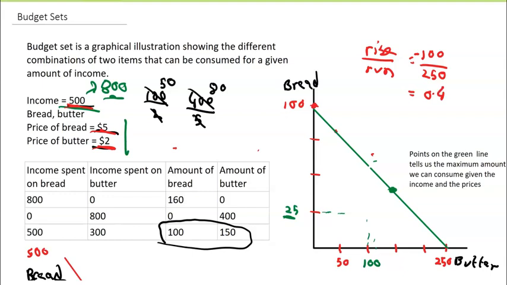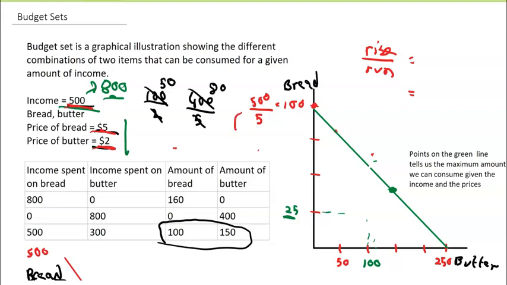Another way of doing it, and this would be a little easier to see, let's say instead of writing it this way, I write this 100 as 500 over 5. So basically 500 is the income, 5 is the price of bread.